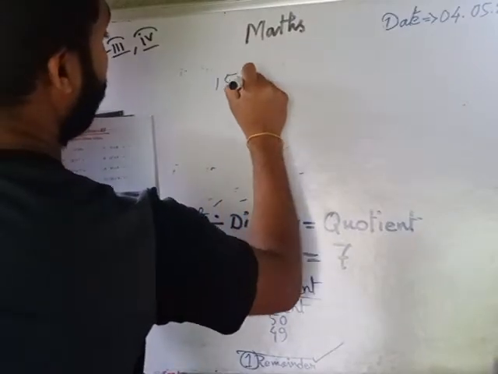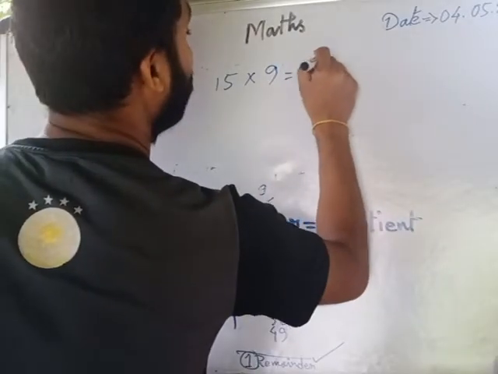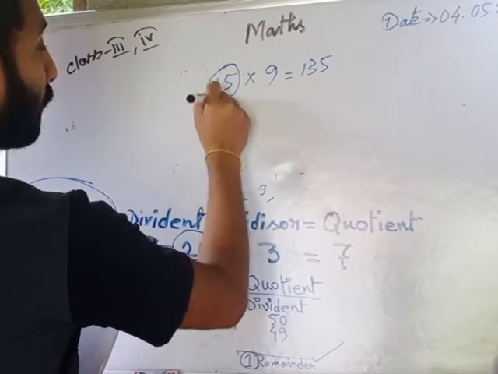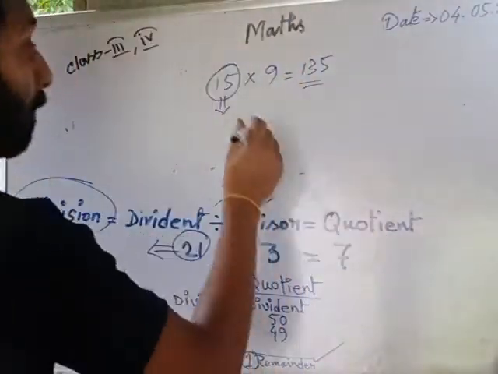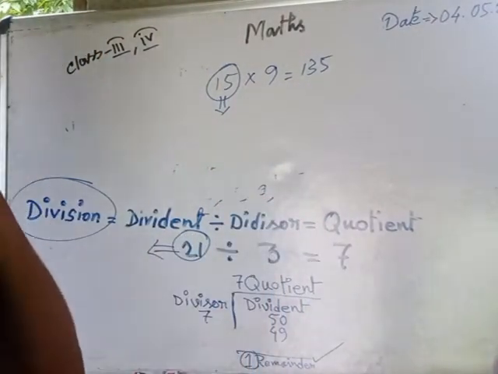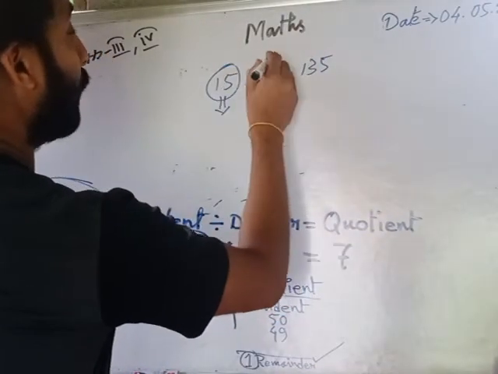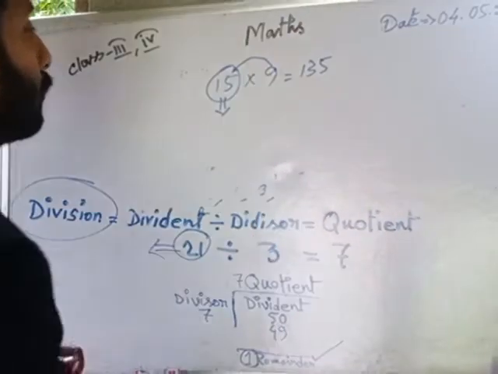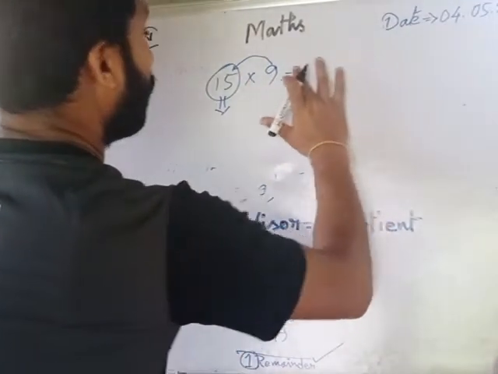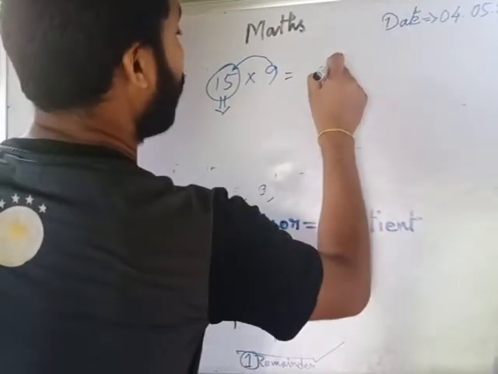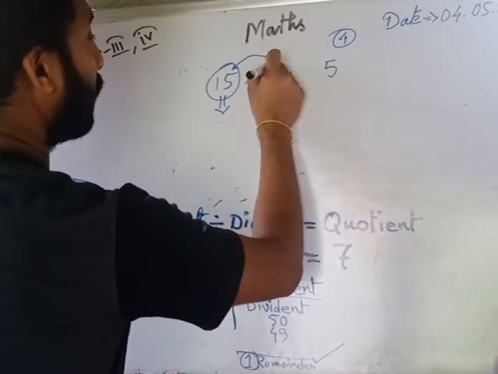Suppose it is 15 multiplied by 9. 9 15s are 135. If we know the table of 15, we get the result easily. But if we don't know the table of 15, it is a problem. In another way, at first we multiply 5 with 9. 5 nines are 45, so we write 5 here, and 4 goes to the next place as a carry number.